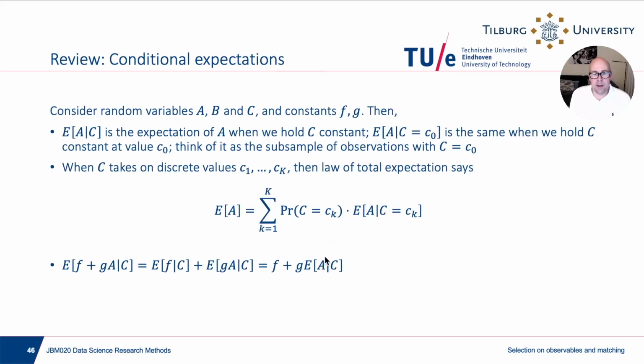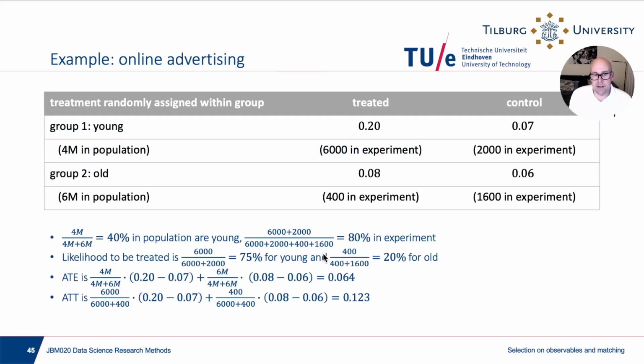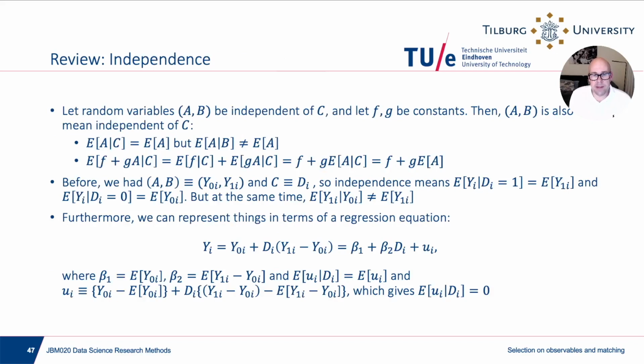So that is innocuous in the sense that when d is equal to 0, then yi is equal to y0, and when d is equal to 1, then yi is equal to y0 plus y1 minus y0, so is equal to y1.